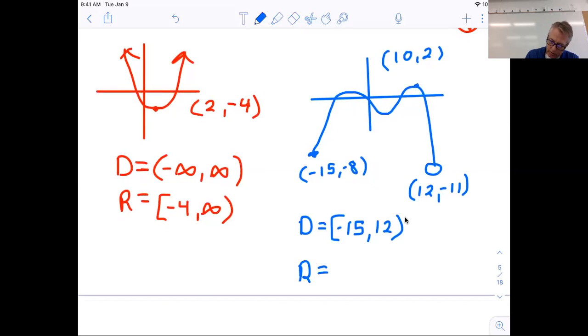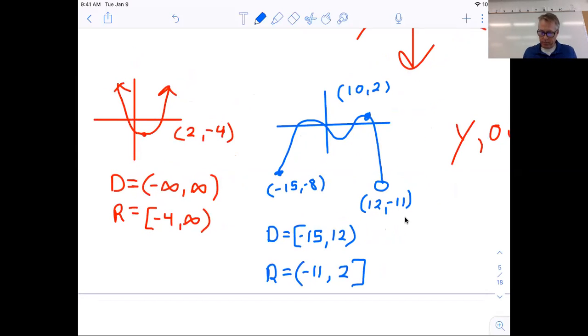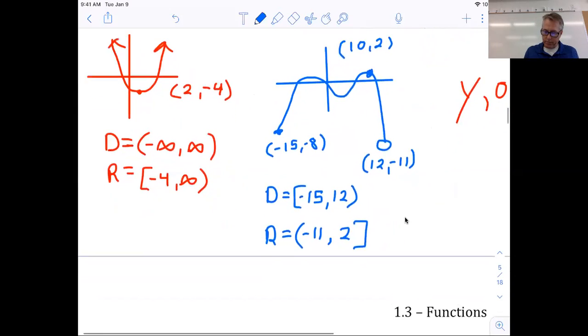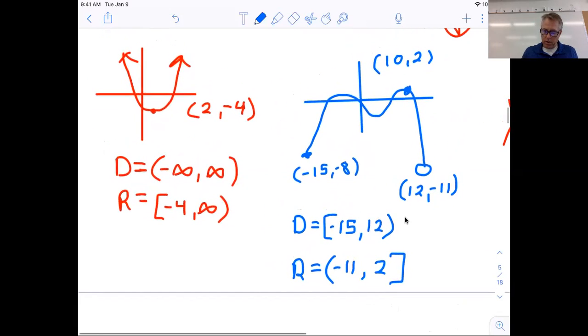And the range is going to be everything from -11, exclusive, because this would be the bottom point here, all the way up to +2, but inclusive because this is a closed circle at +2. Right. Any questions on those two?